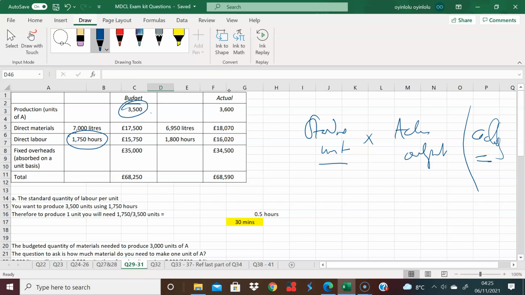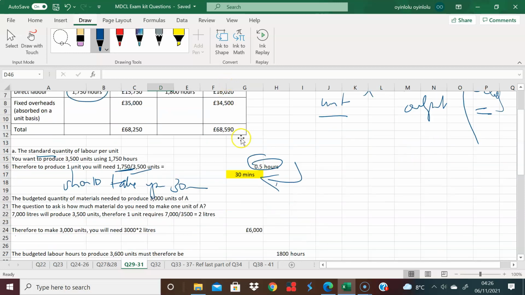So to make one unit, it must be literally half: 1,750 divided by 3,500 gives you 0.5 hours, which is 30 minutes. That's why it says standard: it should take you 30 minutes to make one unit.